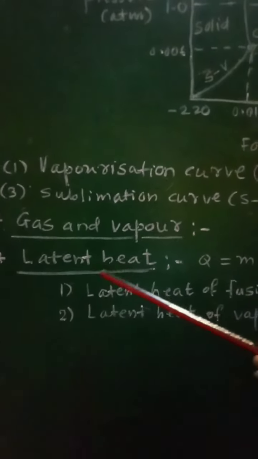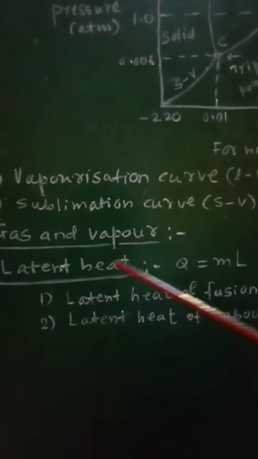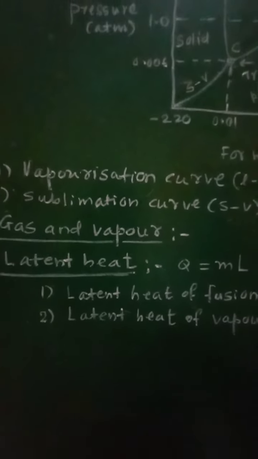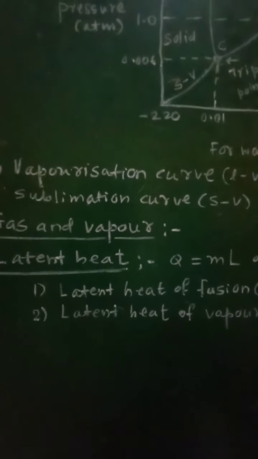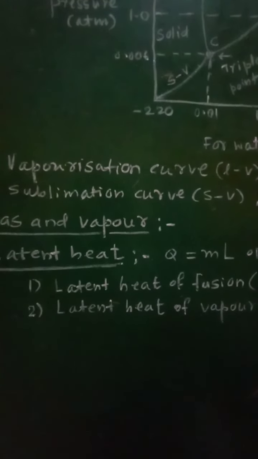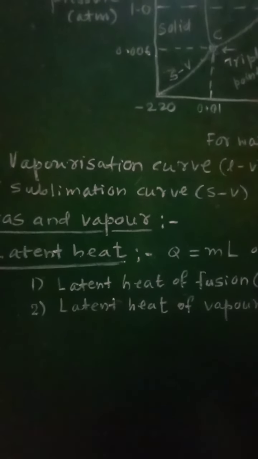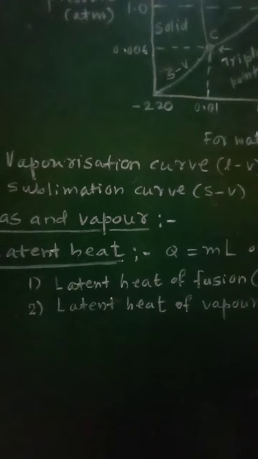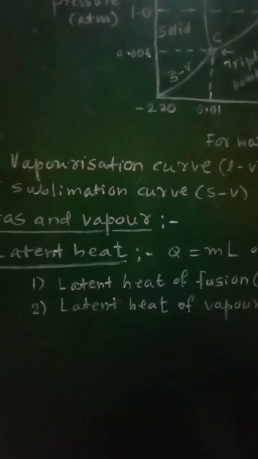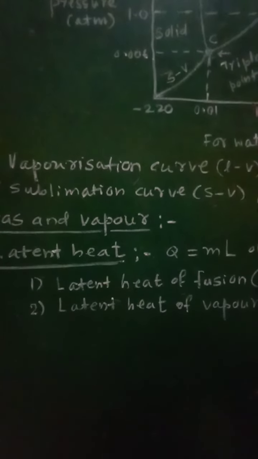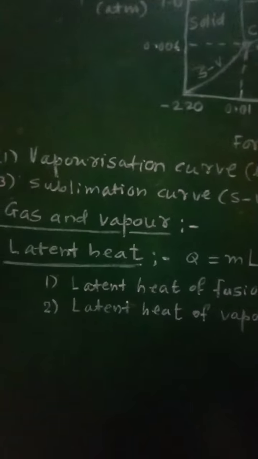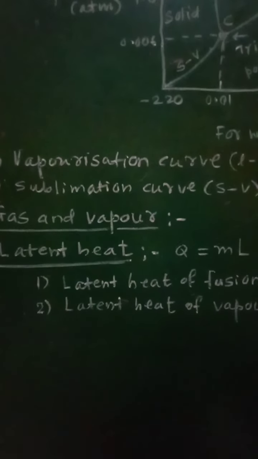latent heat. So what is latent heat and what are the different types of latent heat? When there is a change in the state of a substance, heat is either absorbed or given out, but there is no change in the temperature of this substance during its change from one state to another.